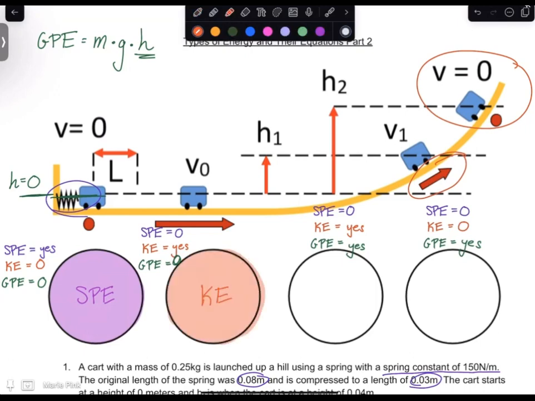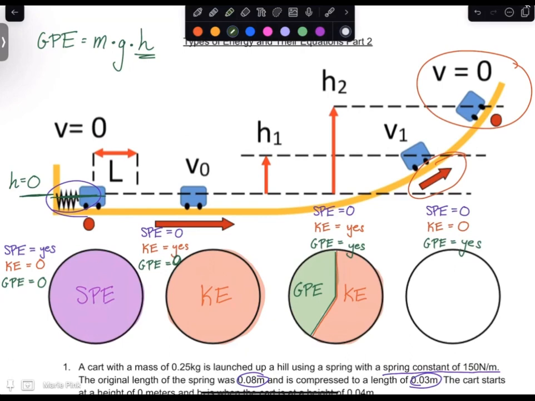In the third one, we have both kinetic energy and gravitational potential energy. And I could have made it more gravitational potential or more kinetic at this point in the problem. I don't know which one's going to be more. I just didn't want to divide it half and half because I don't want to forget that they could be different, since I don't know if it's halfway to the maximum height or not.